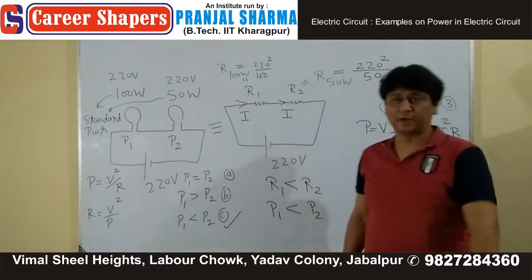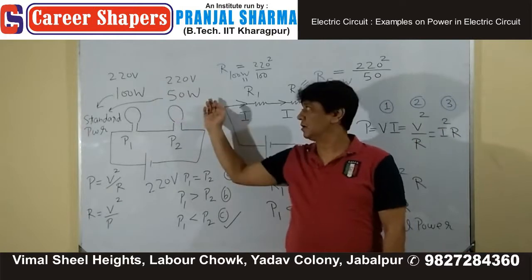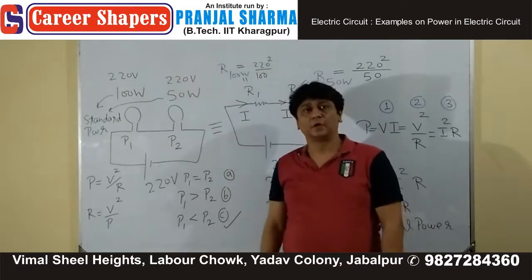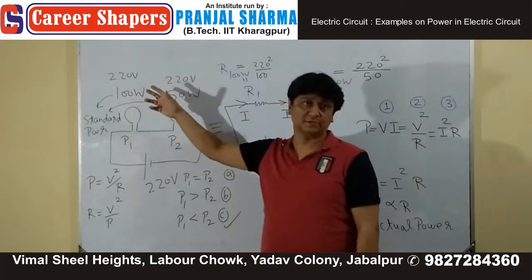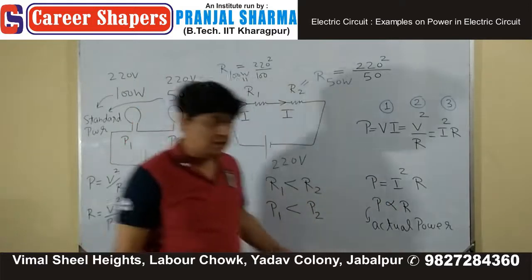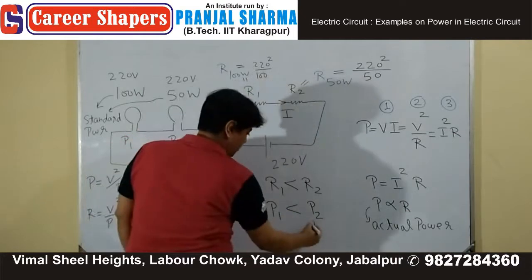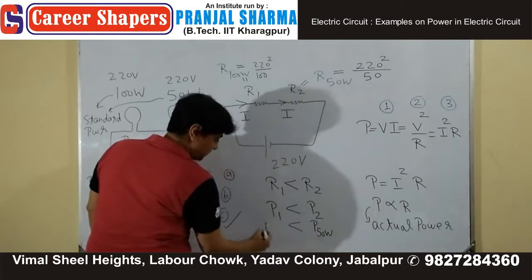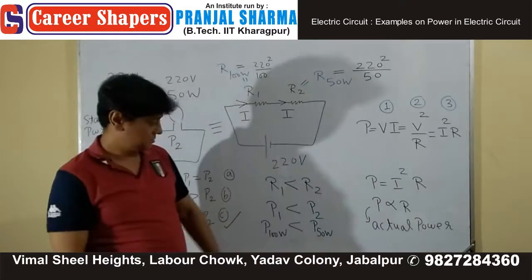Now that will be the next thing. When you connect a 100 watt bulb and a 50 watt bulb to your household supply, you must have seen that the 100 watt one will produce more brightness. But over here, what do you see? It is telling you that the power of the 50 watt bulb is greater than the power of the 100 watt bulb.